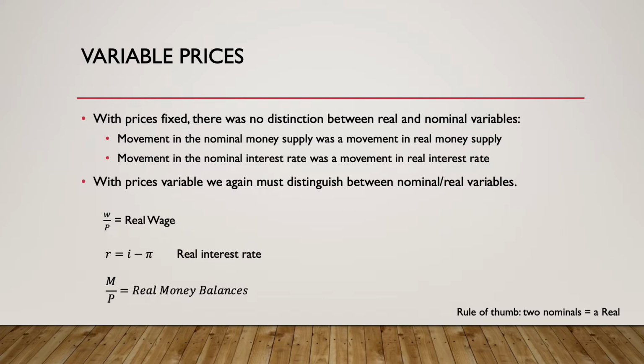We also have real money balances, which is a variable that we haven't looked at before. Before, we simply looked at the nominal money supply, which was M. But here, we're going to be dividing the money supply by P, sort of like our real wage. And this tells us the purchasing power of money in terms of real goods and services.